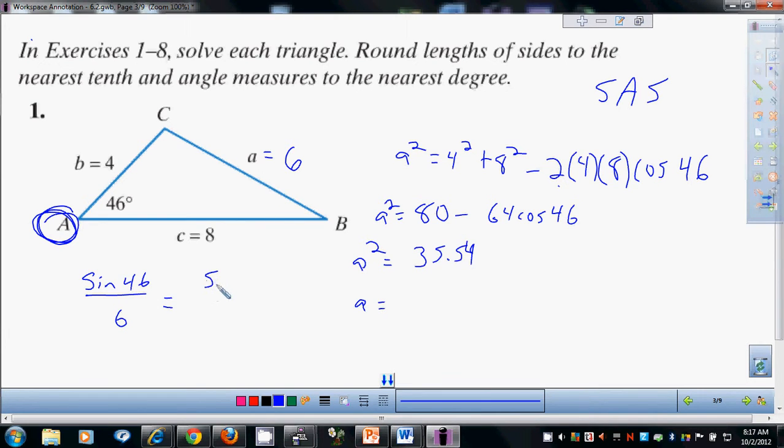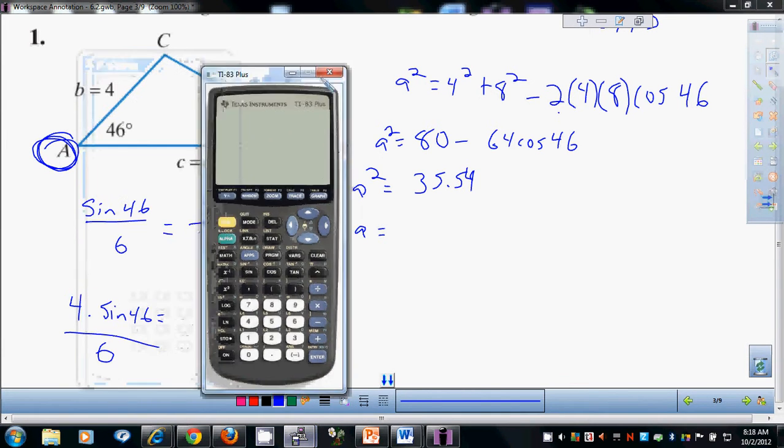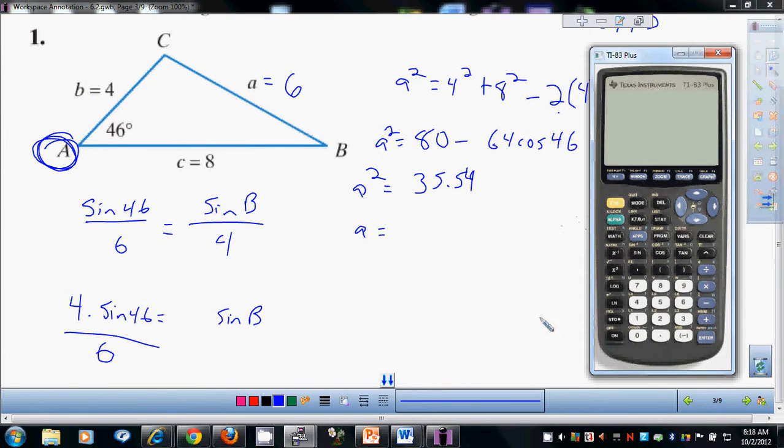So that'll be sine of b over 4. Cross multiply. Divide by 6. Now what's the last thing I'm going to have to do to find the answer here? Thank you, Drake. Whew.